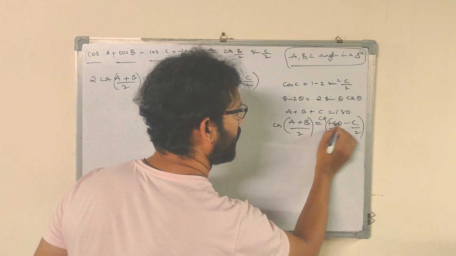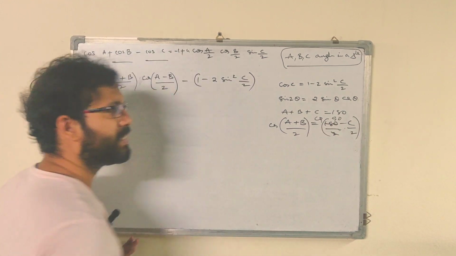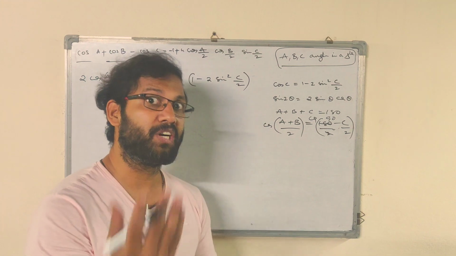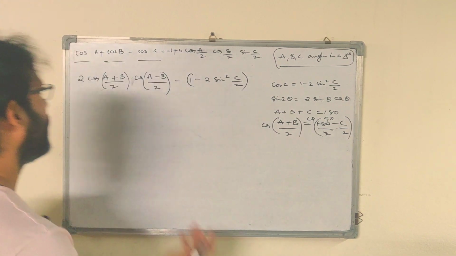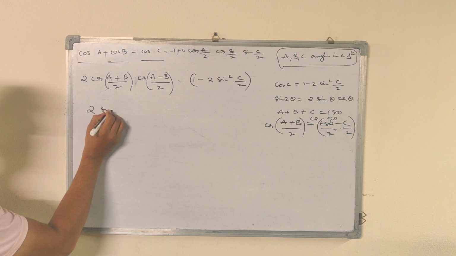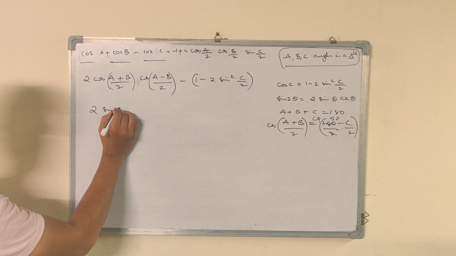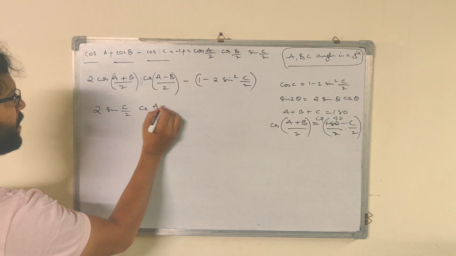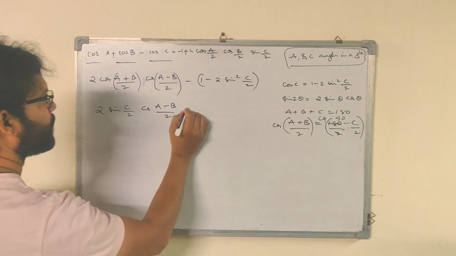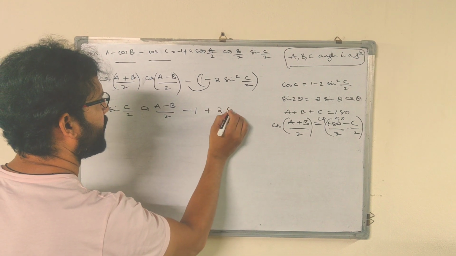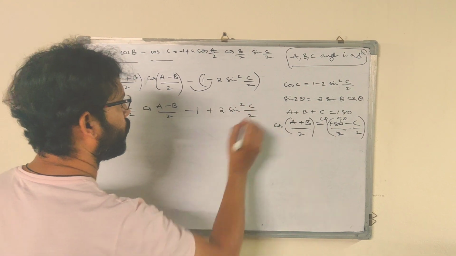So cos (90 minus C/2) is what? It lies in the first quadrant, so this will change to sin C/2 and cos (A minus B)/2 as it is, minus 1 minus of minus plus 2 sin square C/2.